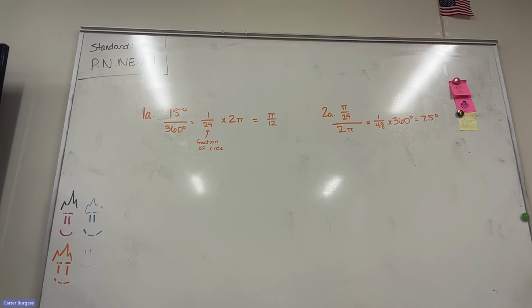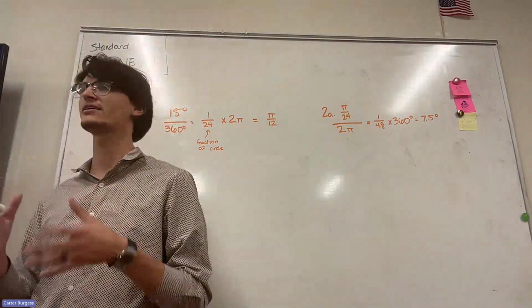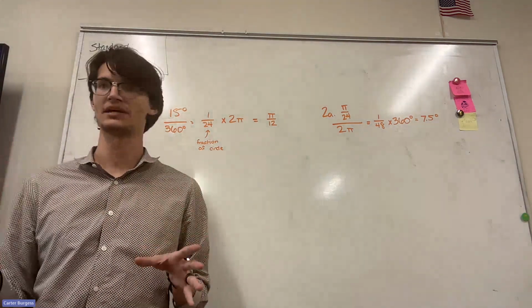Quick thing that I want to note. If you're going to write it like that, I would just leave it as is. In your calculators, if you're using the fraction operator, you'll be totally fine. This won't be an issue for you.